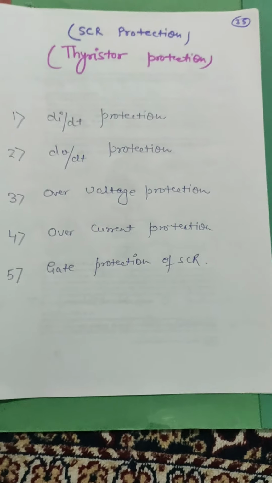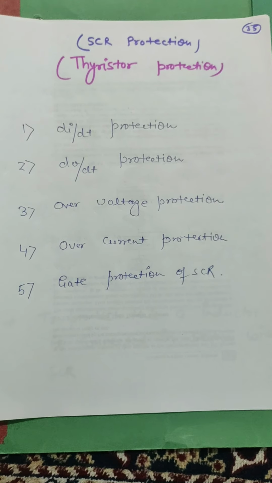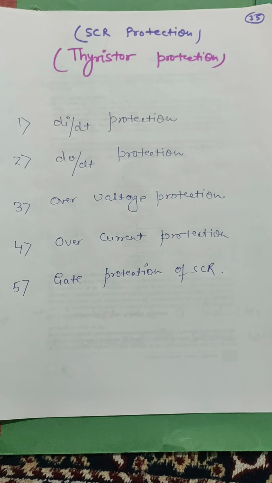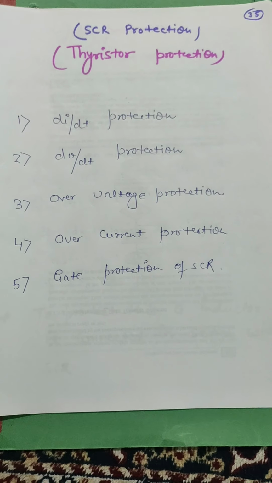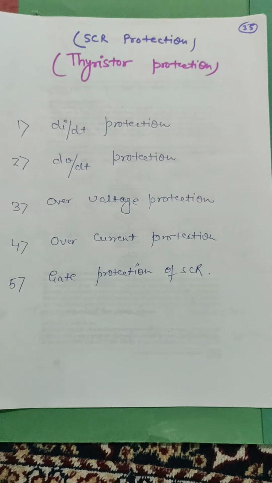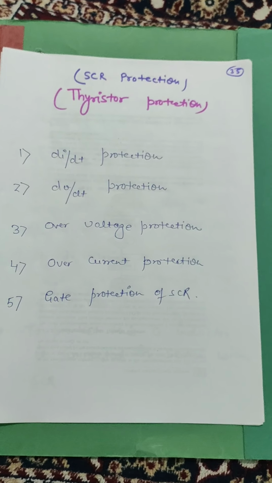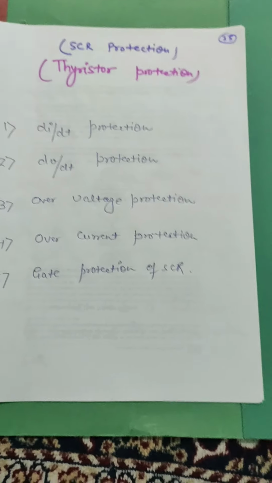So, in the protection of thyristor, there are basically 5 topics: di by dt protection, dv by dt protection, over voltage protection, over current protection, and gate protection. What is di by dt?